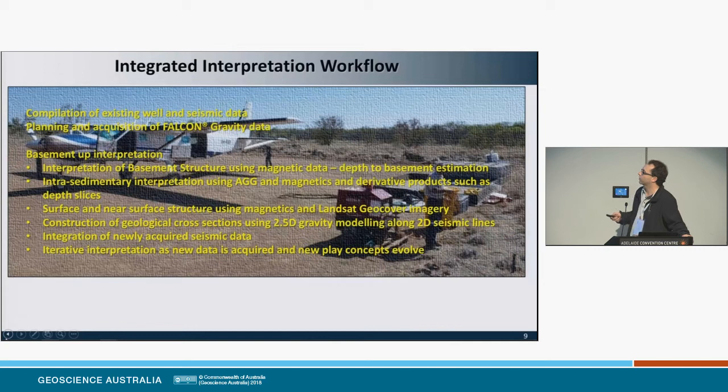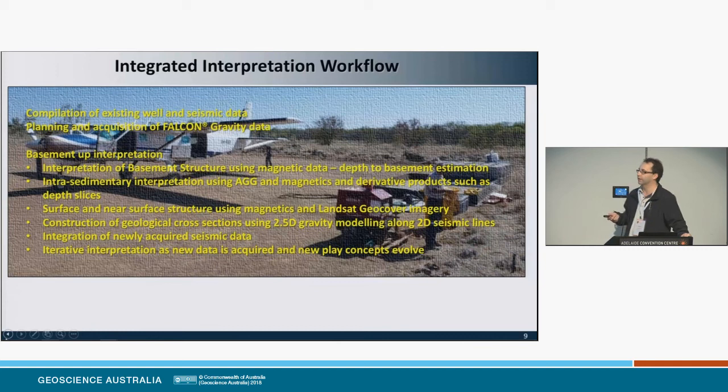And then we also looked at the surface and near surface structure using magnetics and Landsat geocover imagery, and then worked our way through to construction of geological cross sections using 2.5D gravity modelling along these 2D seismic lines. And that wasn't always easy, particularly where we had some really old vintage data where the imaging was particularly poor.